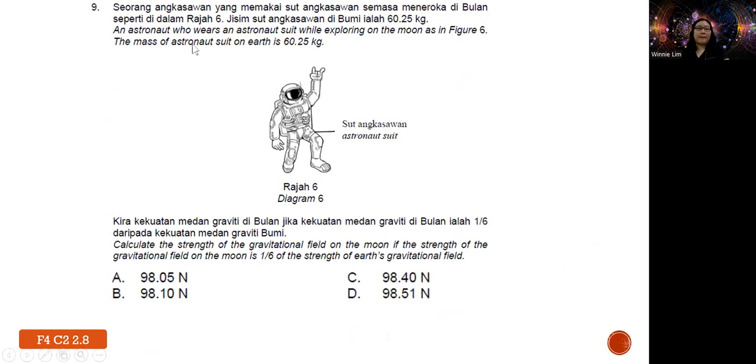Okay, next one. An astronaut who wears an astronaut suit while exploring on the moon as in figure 6. The mass of the astronaut suit on Earth is 60.25 kg. Calculate the strength of the gravitational field on the moon if the strength of the gravitational field on the moon is 1/6 of the strength of Earth's gravitational field.